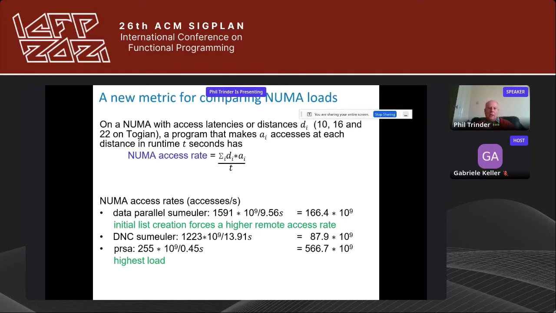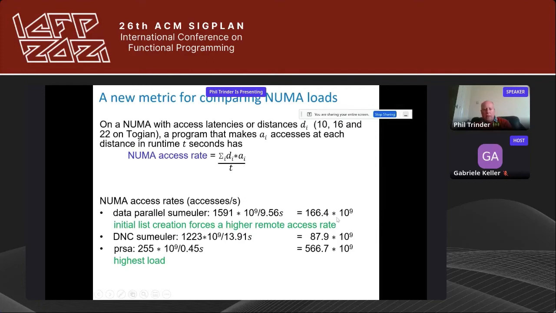It's NUMA access rate, so it's the number of accesses per unit time, but weighted by the distance at which the access is made. On Togian, there are 3 different distances, 10, 16, and 22. So we compute the weighted access rate in the obvious way. We multiply the number of accesses by the distance, add them all together and divide by time.